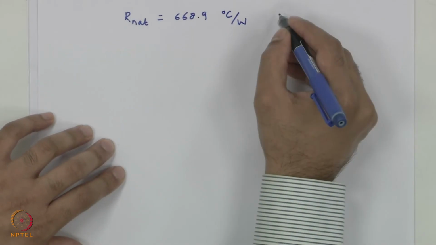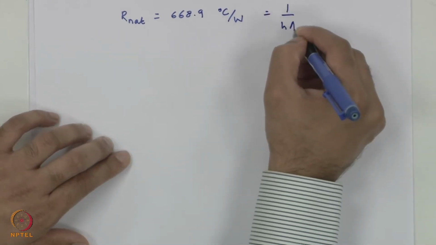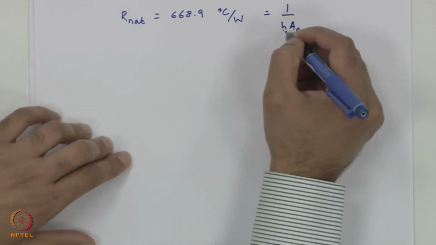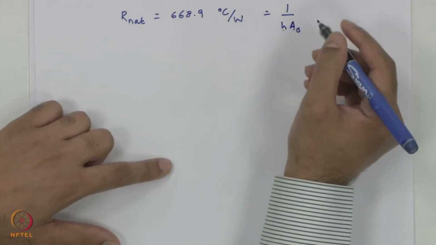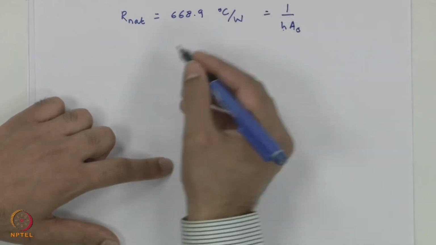The way we calculate resistance is using 1 divided by h times surface area. h is something we just estimated, and we know the surface area. From these two, we can calculate the natural convection resistance.